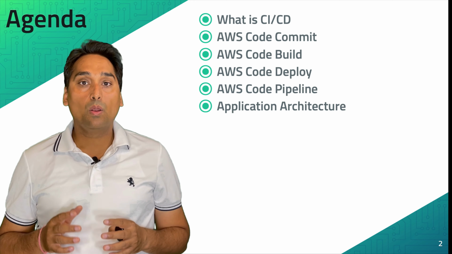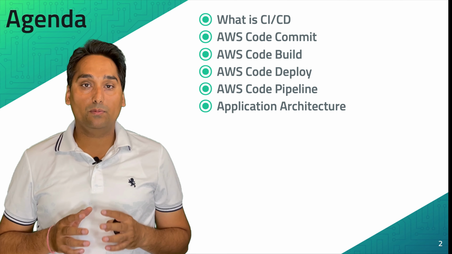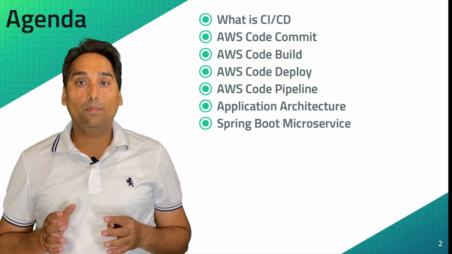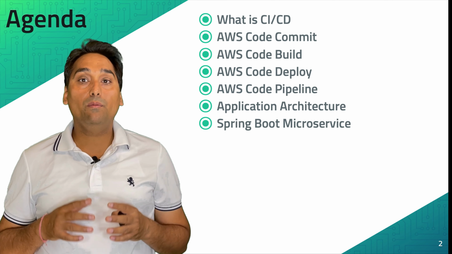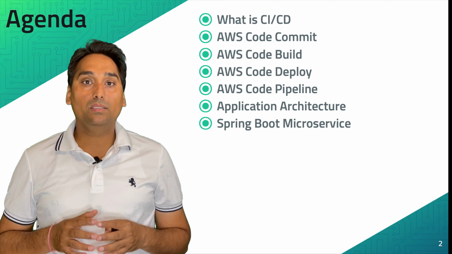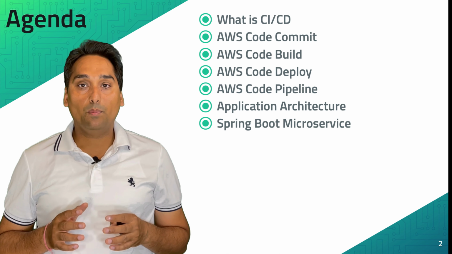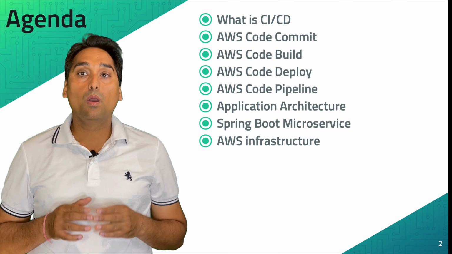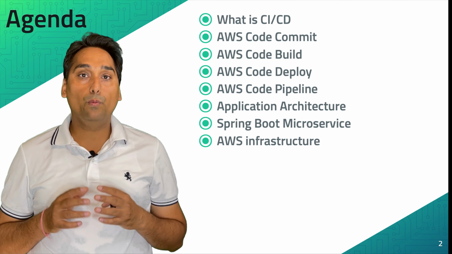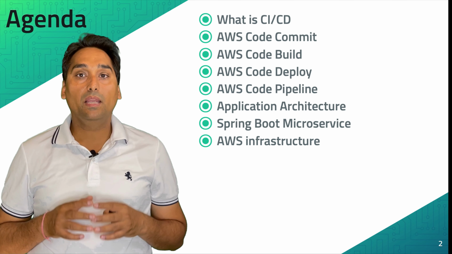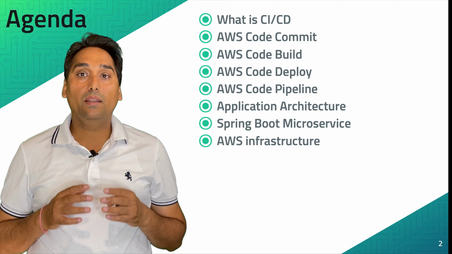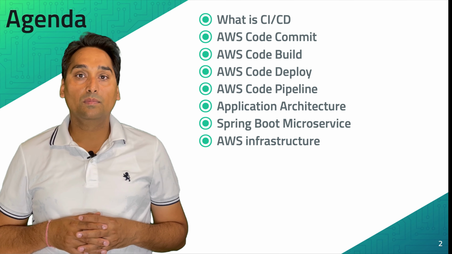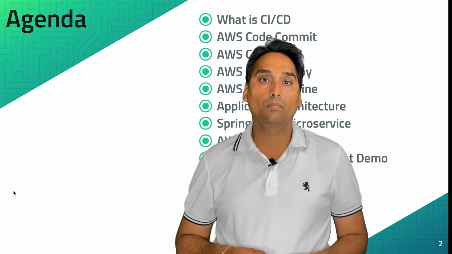In next section, we will create a sample Spring Boot application, and once we have our microservices ready, we will create the required AWS infrastructure to set up automation and CI/CD pipeline. In final step, we will set up our code pipeline and configure different stages and perform automated deployment of our microservice. So let's get started.